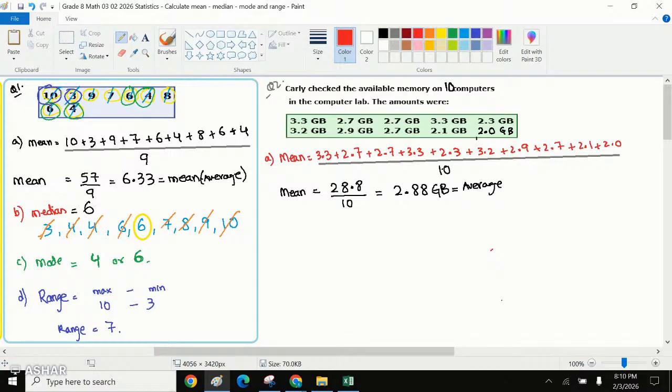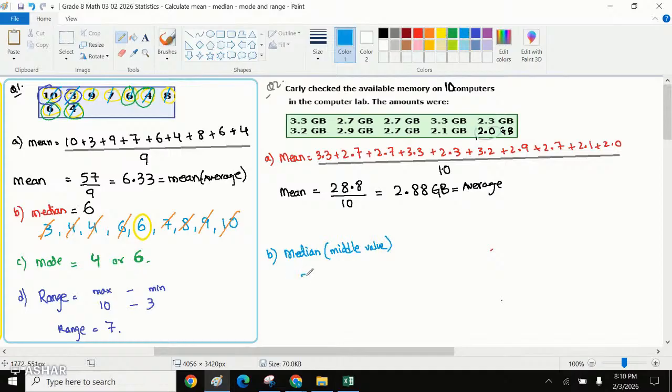Let's look at median. Median, we know that is the middle value, right? In the previous question, 6 was the only middle value because there were 9 possibilities. Let's arrange over here. But what we need to do is we need to arrange them in ascending order. So what is the smallest?